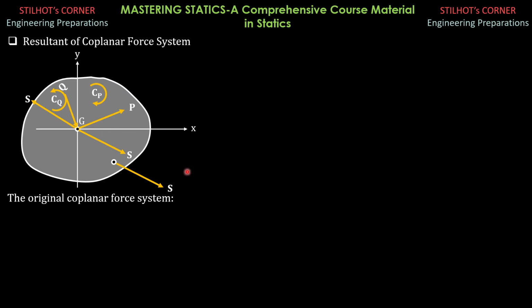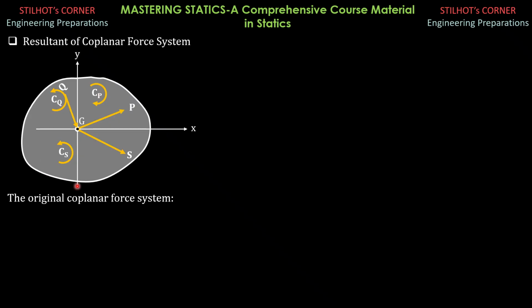And finally, we also replace these two forces, S and S, which constitute another couple, which is counterclockwise. So we remove them and replace with a counterclockwise couple called C sub S, as shown in this figure.